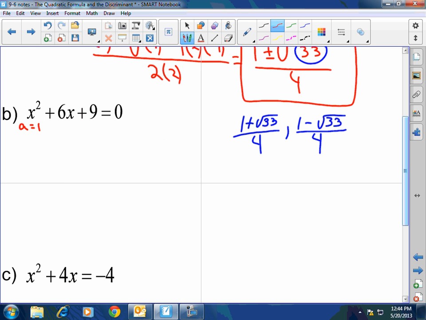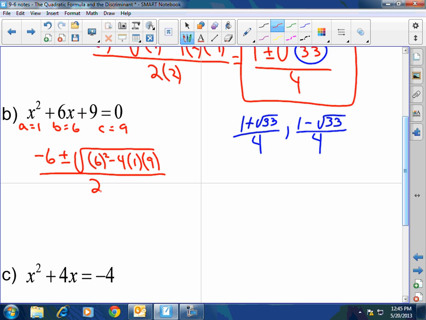A equals 1, B equals 6, C equals 9. Perfect. Negative b plus or minus the square root of b squared minus 4 times a times c over 2 times a.